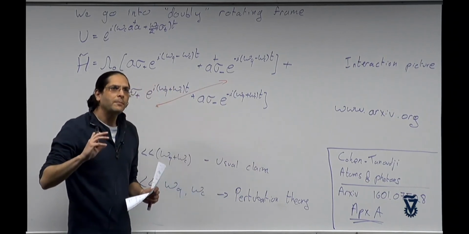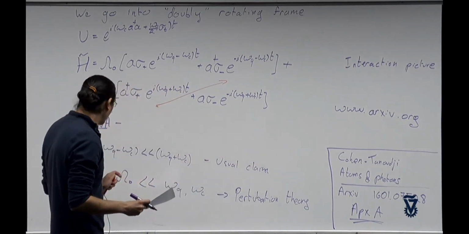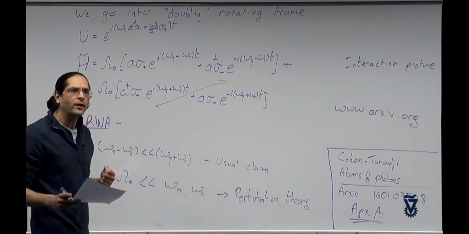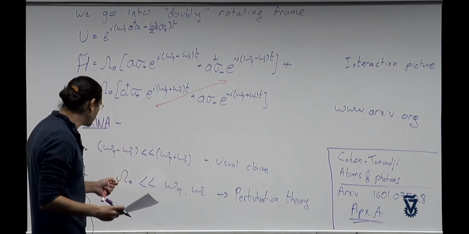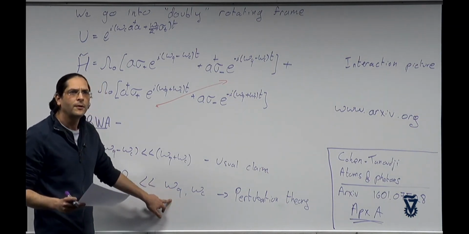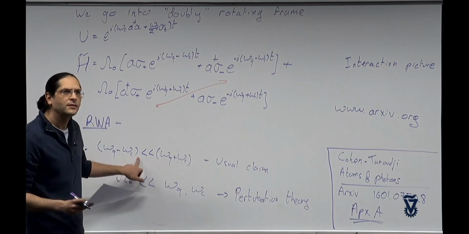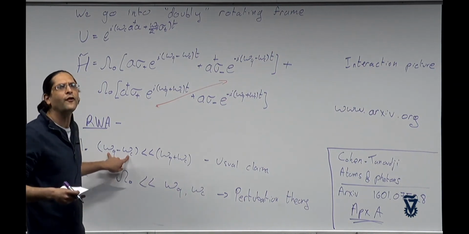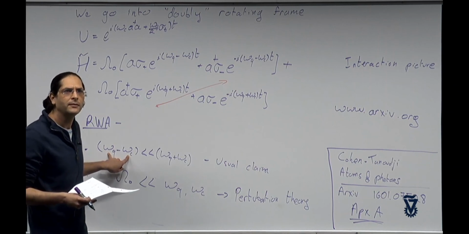It also becomes much clearer that the more stringent requirement on the rotating wave approximation is that omega naught is smaller than these two, rather than this, because omega naught can be relatively far away from omega c.